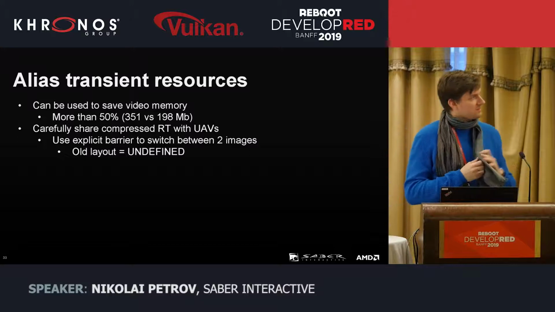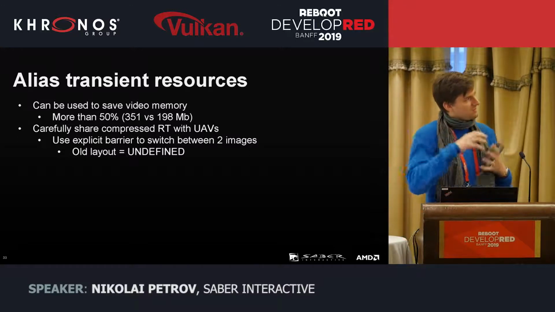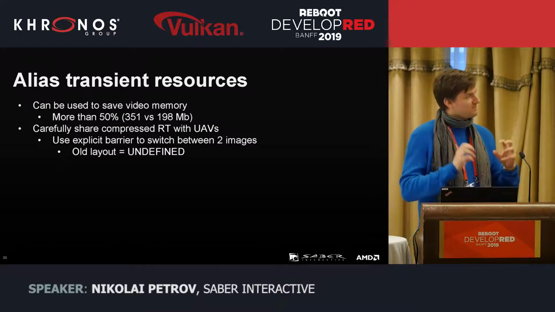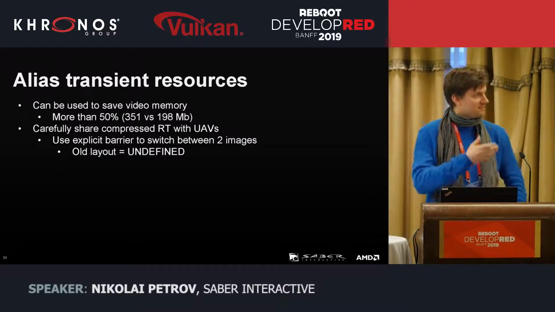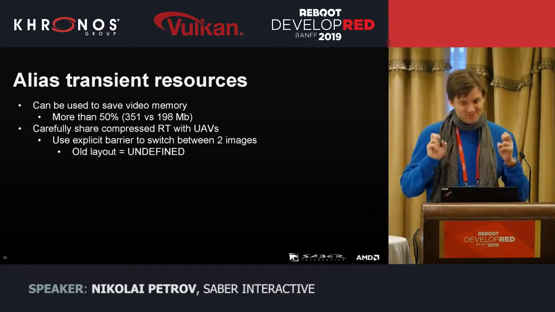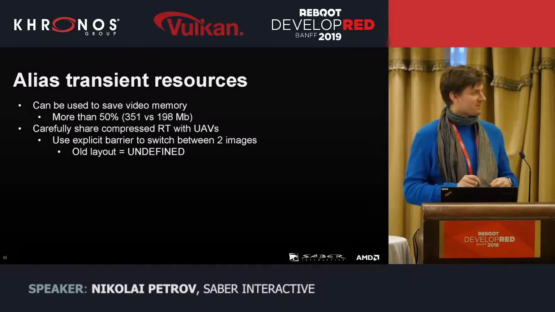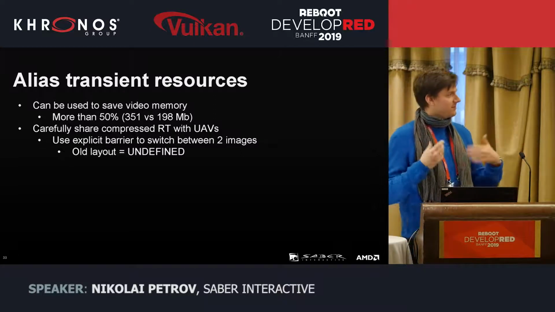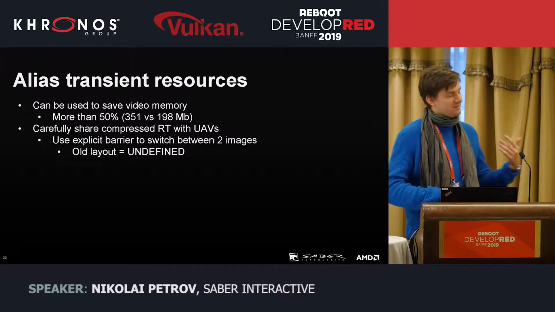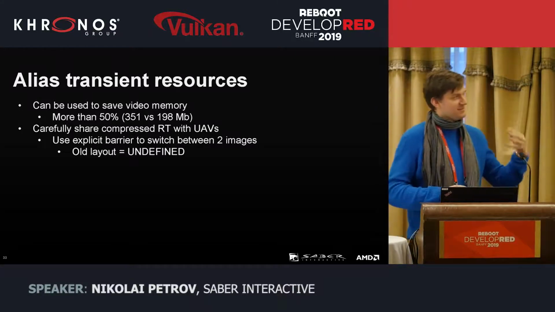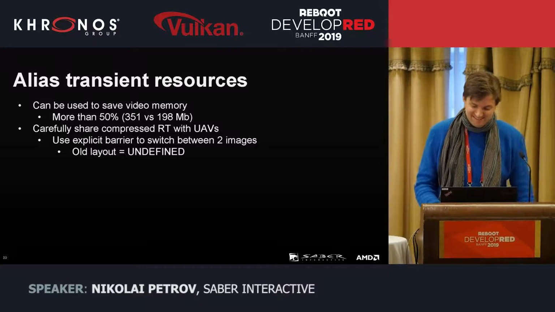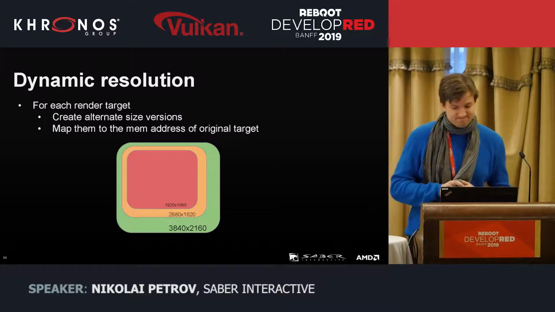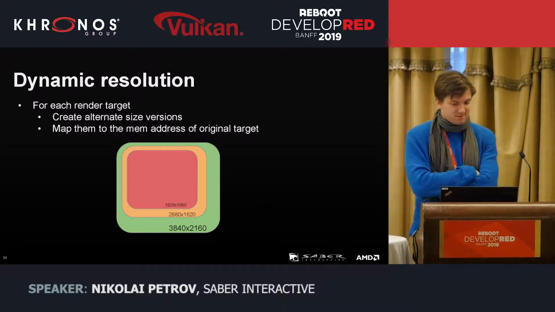One more important notice: if you want to share your compressed render targets with UAVs, you need to do an explicit barrier with all the layouts set to undefined to reset the GPU driver metadata, because otherwise you can have corruption, because the driver thinks that the delta color compression is actually applied to the UAV memory space.